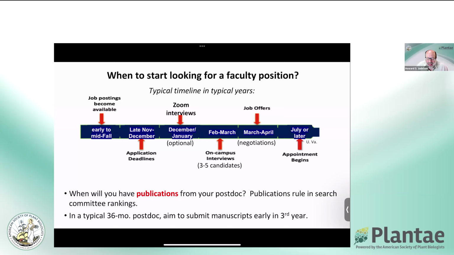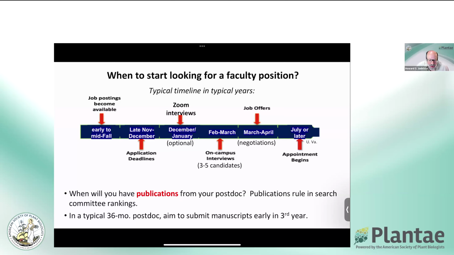And the application deadlines will range usually from November to late December, sometimes in January. In some cases, there'll be Zoom interviews, so that might take a month to go through those. And this is typical when you have a lot of applicants for a position and the search committee wants to pare down the numbers of people that they'll interview on campus.